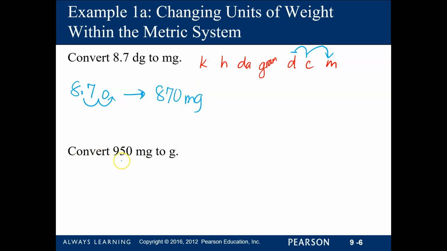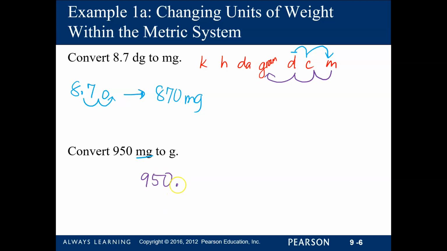Now we have 950 milligrams and we need to change it to grams. We start with milli, so that would be M, and to get to gram, we need to move to the left by 1, 2, 3 places. In this case, for 950, the default decimal point is at the end.